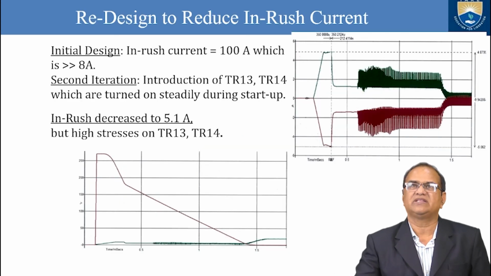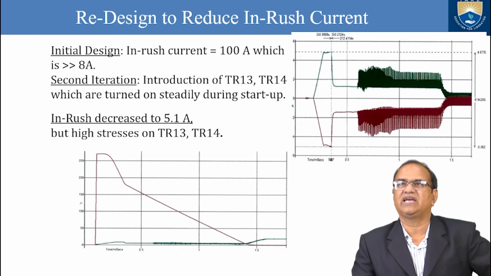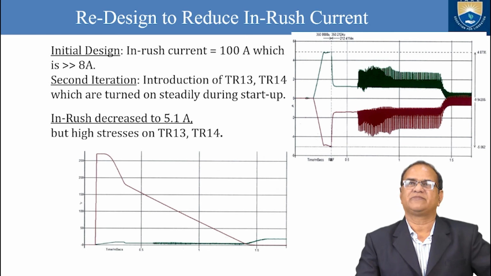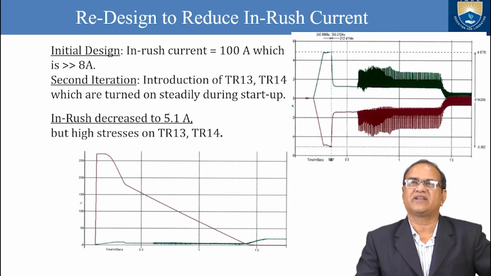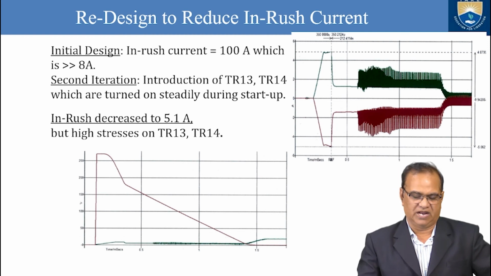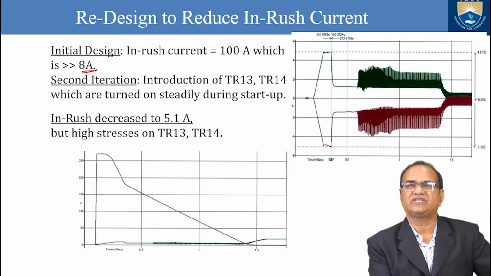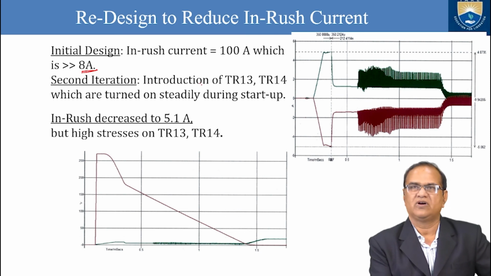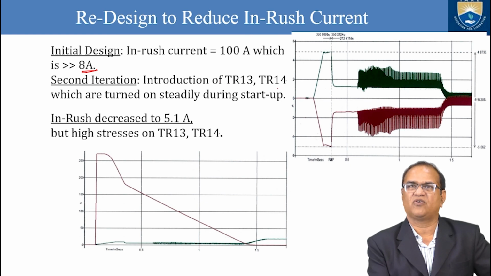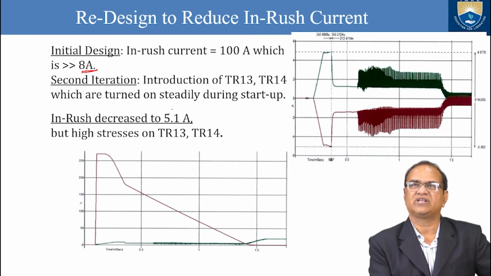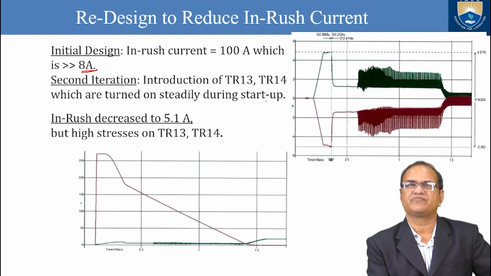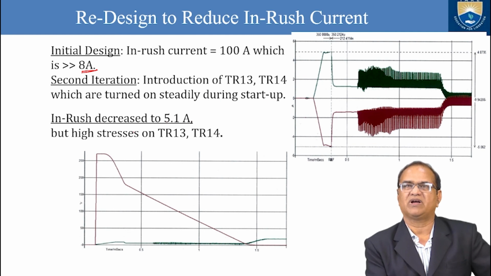Now here is the redesign to reduce the in-rush current. The initially designed in-rush current is equal to 100 ampere, which is greater than 8 volt. Second iteration, introduction of TR13, TR14, which are turned on steadily during startup. In-rush decreases to 5.8 ampere, but there is high stress on TR13 and TR14.